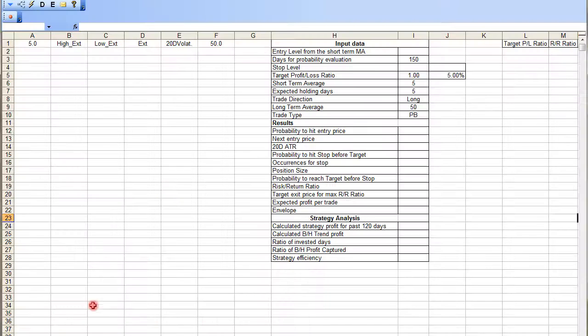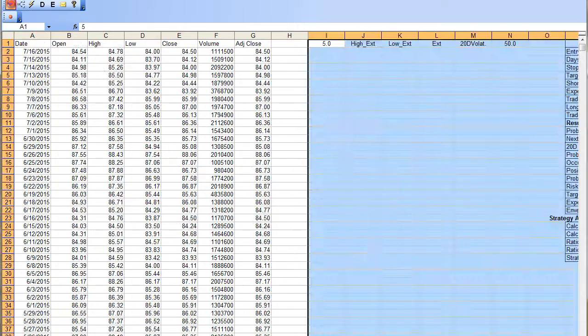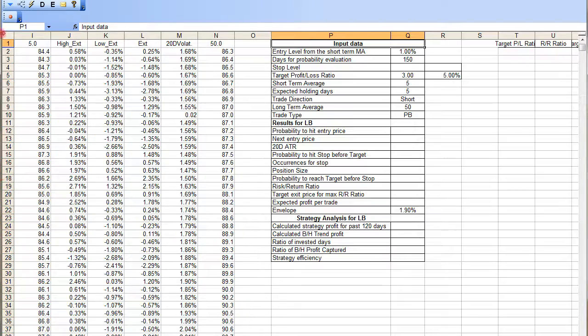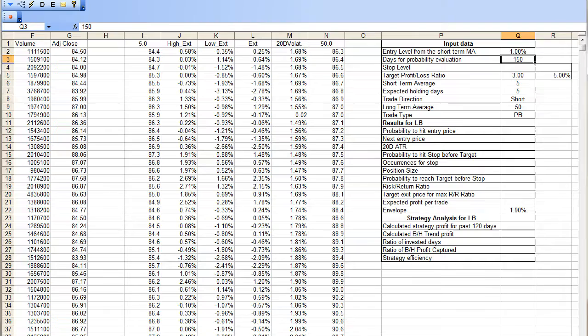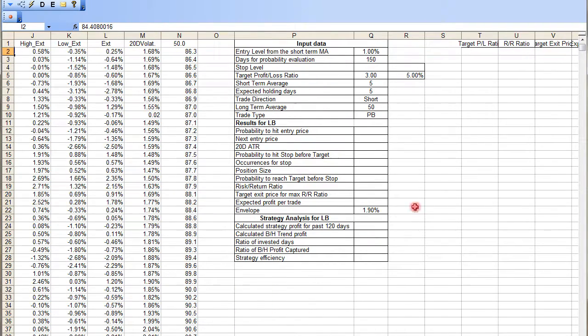For that, I will go on the breakout calculator. I download LB. It's a short trade, and it's about a short trade to $85, which is slightly above the 5 MA. 5 MA is 84.4, so 1% should work here.